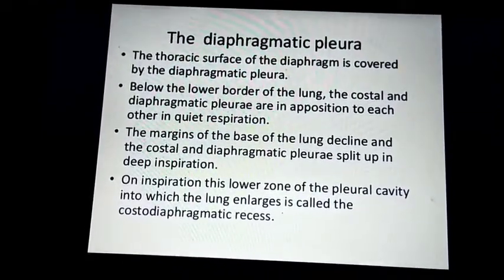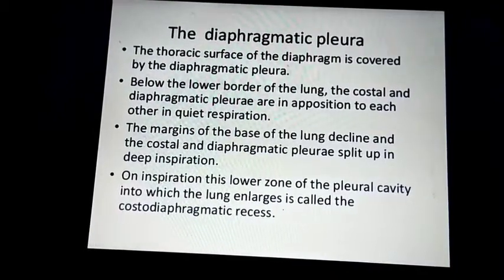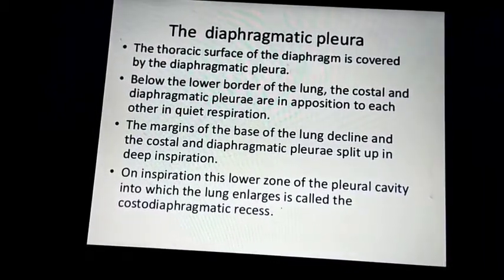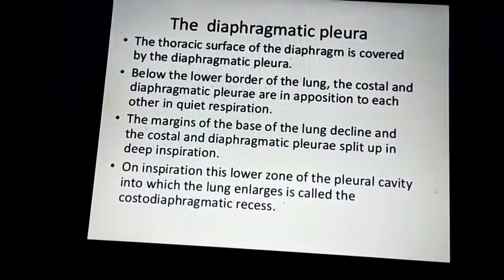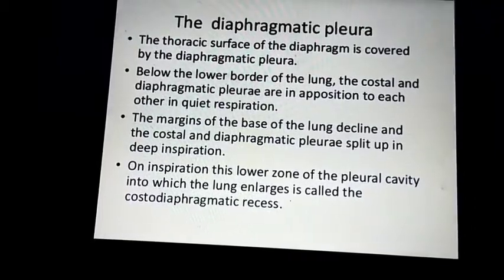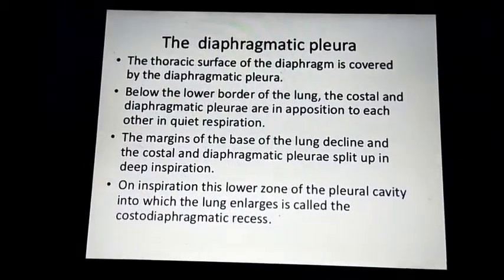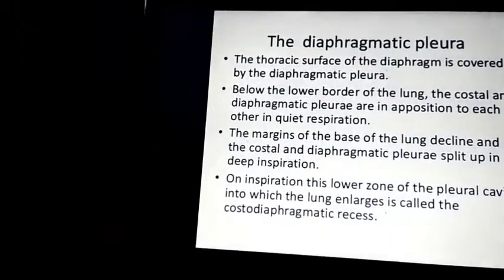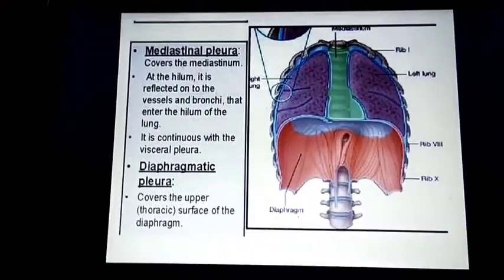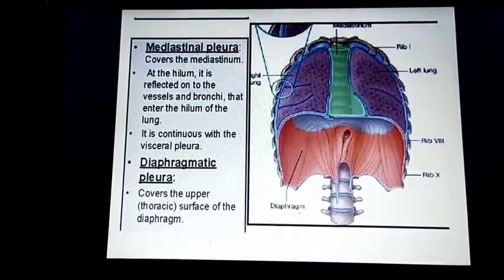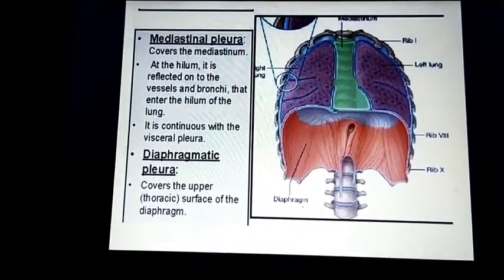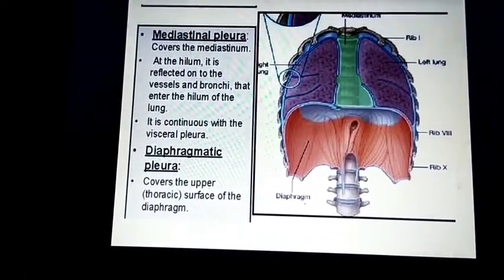The margins of the base of the lung decline, and the costal and diaphragmatic pleura split up in deep inspiration. On inspiration, this lower zone of the pleural cavity into which the lung enlarges is called the costodiaphragmatic recess. It is a gap between the costal means ribs and the diaphragm. That's why it is a costodiaphragmatic recess. Recess means it is a gap.